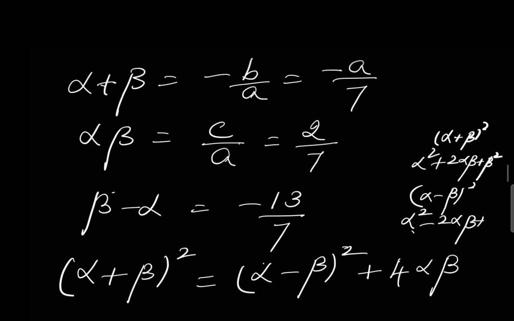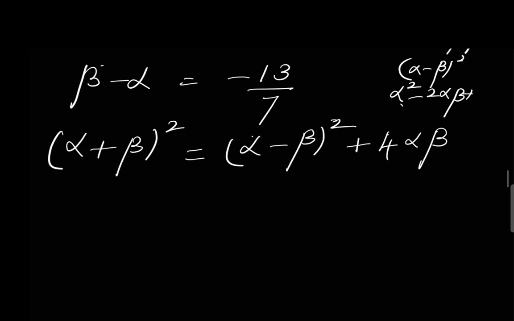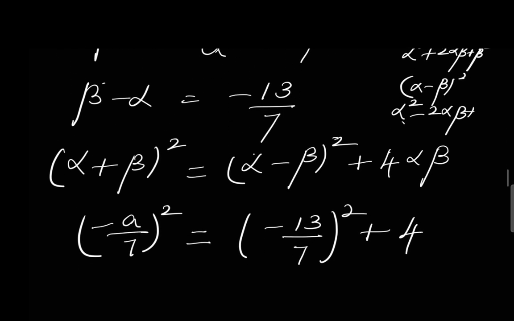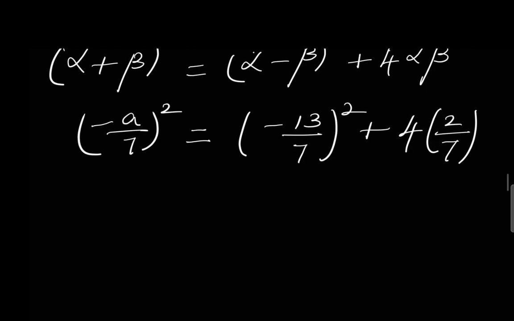Now substitute the value: minus a by 7 the whole square is equal to minus 13 by 7 the whole square plus 4 into alpha beta, which is 2 by 7.